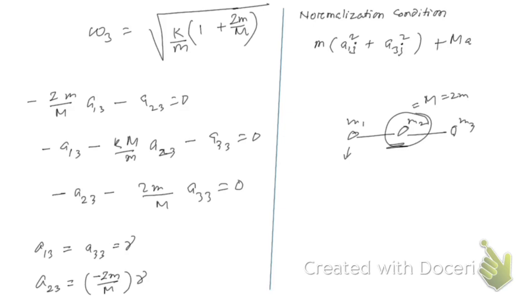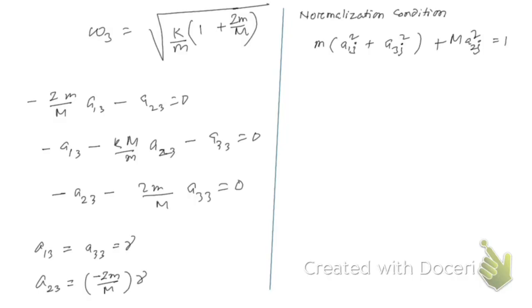For this first one the coefficient is a1j, for this one a2j, and for this one a3j. For these two we have written this, and the masses m1 and m3 are m, so m is taken common, right? And M a2j square is equal to 1.